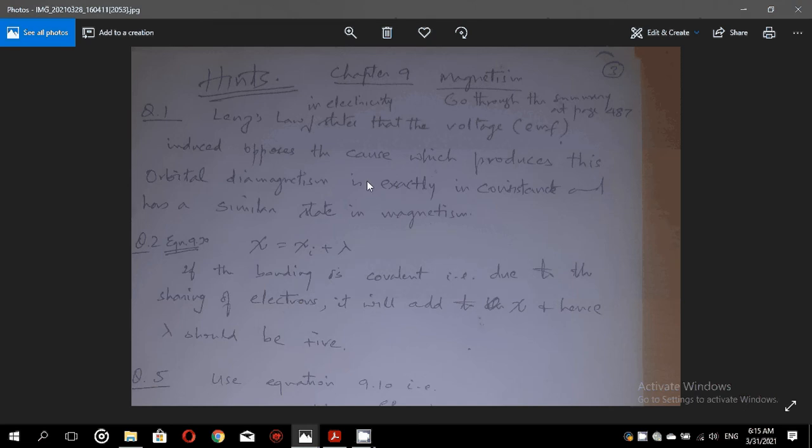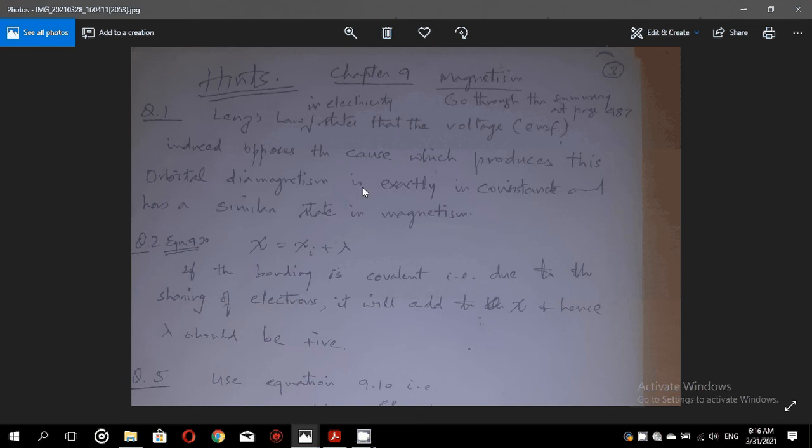Lenz's law in electricity states that the voltage, that is the induced EMF, opposes the cause which produces this. And same is the story with diamagnetism, orbital diamagnetism. It is the same thing but stated in magnetism, sorry, not dielectrics.